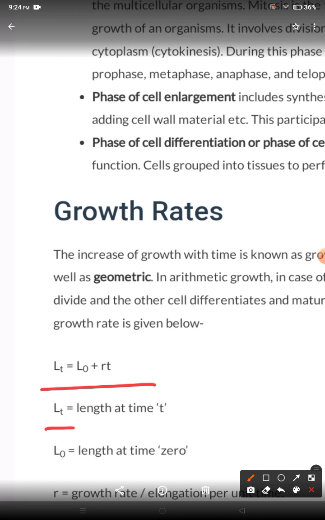Lt represents the length at time t. L0 represents the length at time 0, which means the initial length. And r represents the growth rate, that is, elongation per unit time.